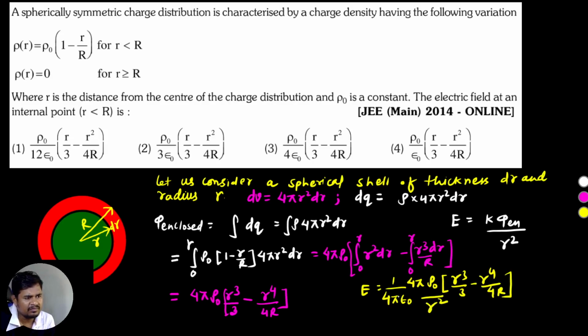You can see 4 pi and 4 pi will cancel, and in the end the result we will get is E equals rho naught by epsilon naught times (r by 3 minus r square by 4R). So this is the answer to our given problem.